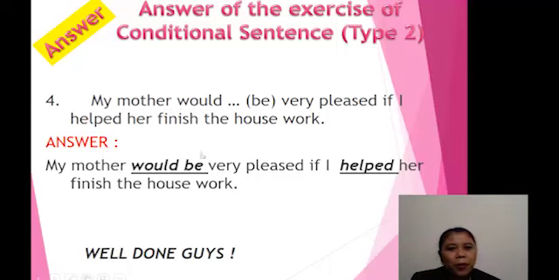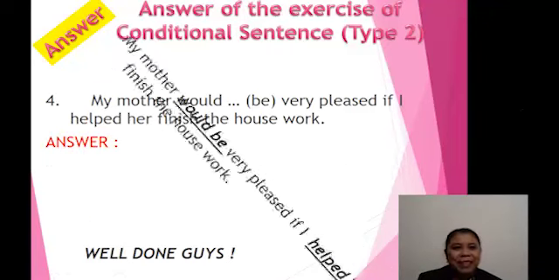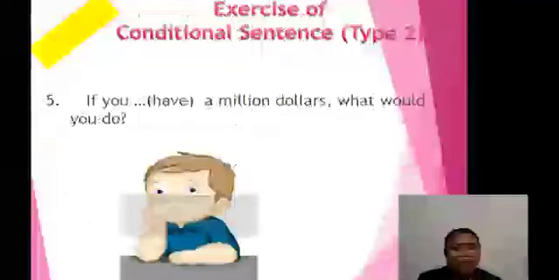My mother would be very pleased if I helped her finish the housework. Would be, there are no changes. Very good, student.